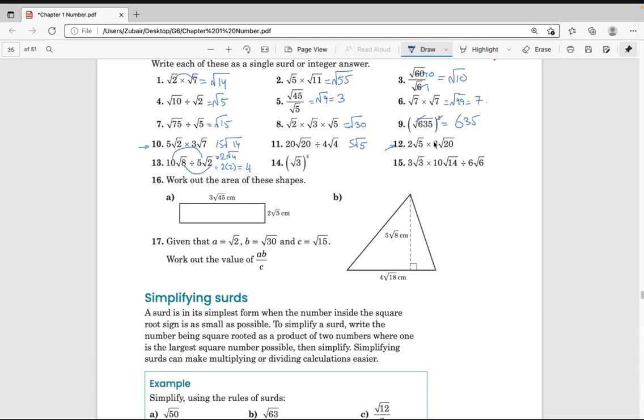That's right. 2 times 3 is 6, and 5 into 20 is 100, and further that is 6 into 10, which is 60. Very good.